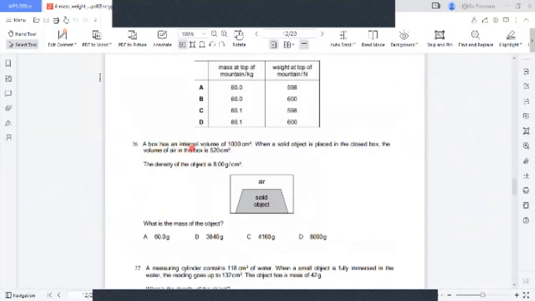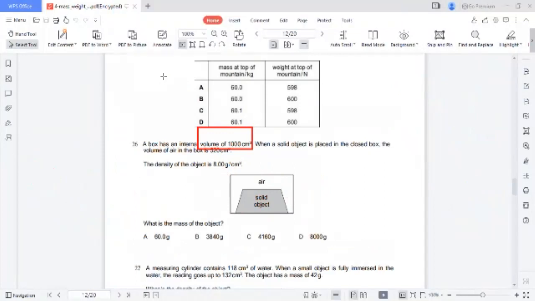A box has internal volume. Okay, this internal volume is hundreds. Like this box has an internal volume of 1000 centimeter cube. Okay. When a solid object is placed in the closed box, the volume of the air in the box is 520 centimeter cube.